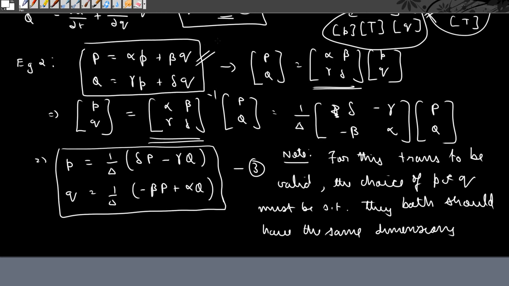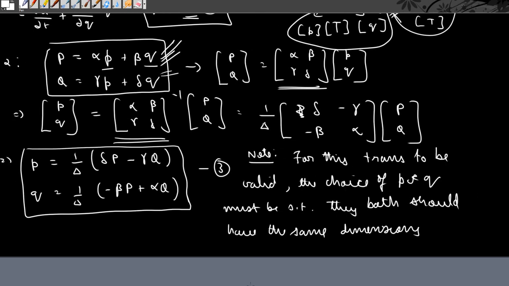Otherwise, writing this kind of an equation is invalid in physics. Again, note that the choice of P and Q doesn't depend on the system. We are free to choose it anyhow we want depending on the problem. But when we write such a transformation equation, it is valid only if we choose our P and Q such that both have the same dimensions.